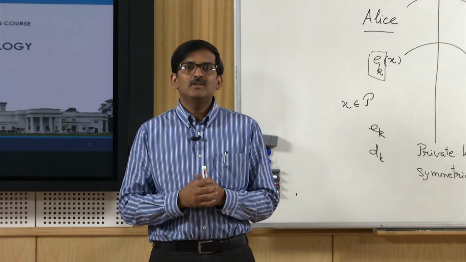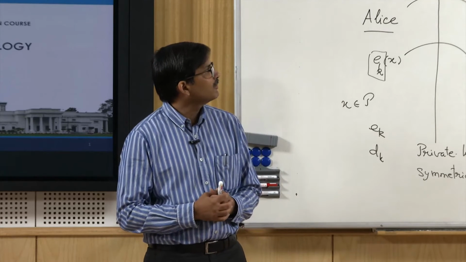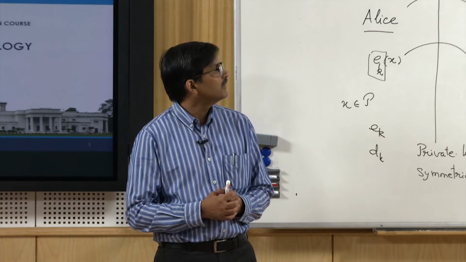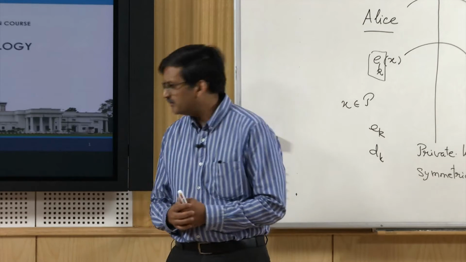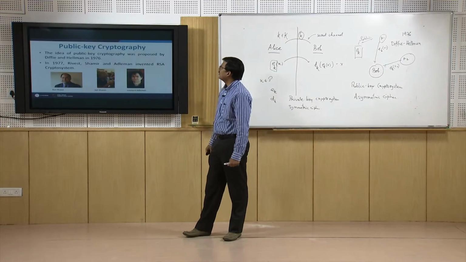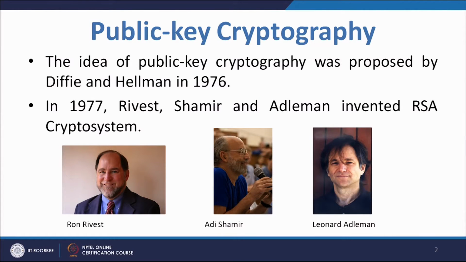And that was designed just 1 year after the publication of Diffie-Hellman's idea, in 1977, by Rivest, Shamir and Adleman, and they designed something which is called the Rivest, Shamir, Adleman cryptosystem, or RSA cryptosystem in short.